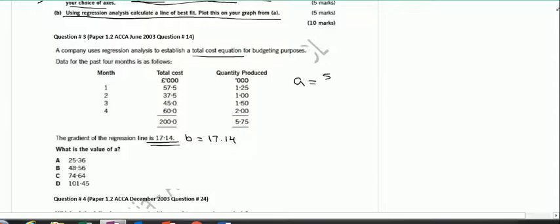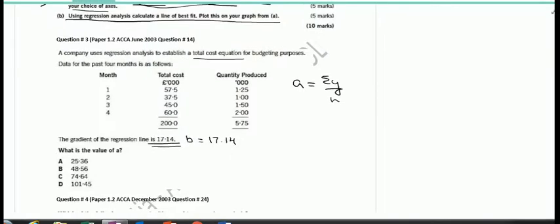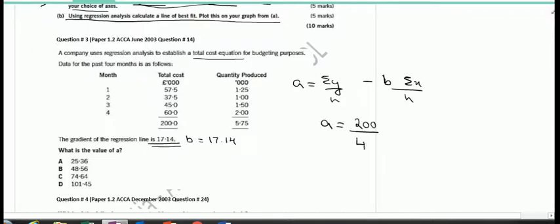A is summation of y over n minus b times summation of x over n. Our A will be summation of y, which is 200, over 4 minus 17.14 into 5.75 over 4.